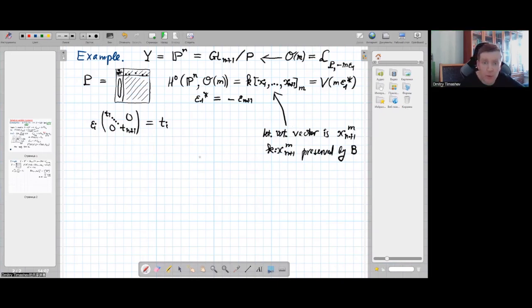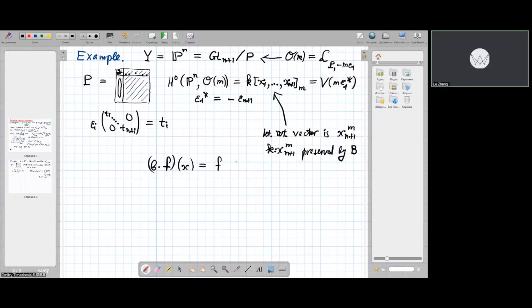No. I mean, what do you mean by on the right? So the action is as follows. An element of B acts on a function, on a polynomial. Acts on the vector inside at what? Yeah, yes, exactly. So this is the formula for the action.